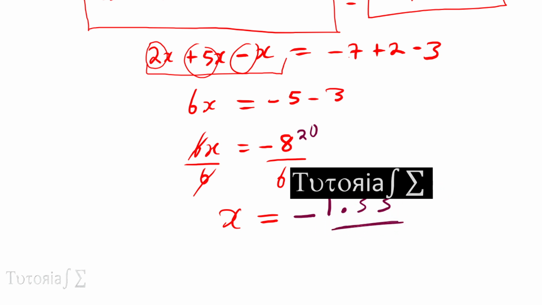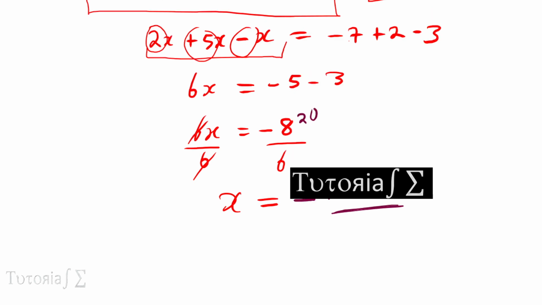So that is something that you should take note of as you are solving equations. Let me put up a simple equation for you to try out. Let's say we have 2x minus 3 minus 5x equals 4x plus 2 minus 1.